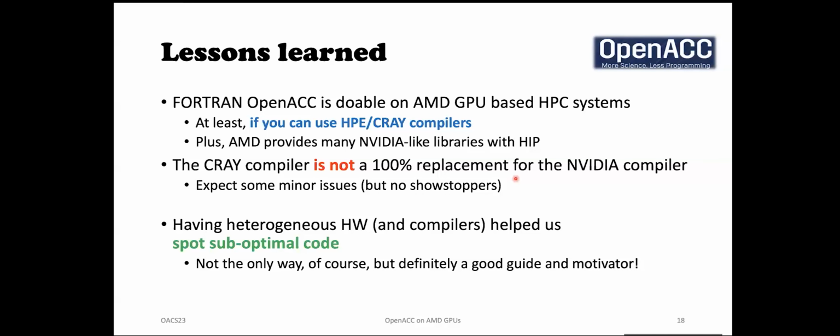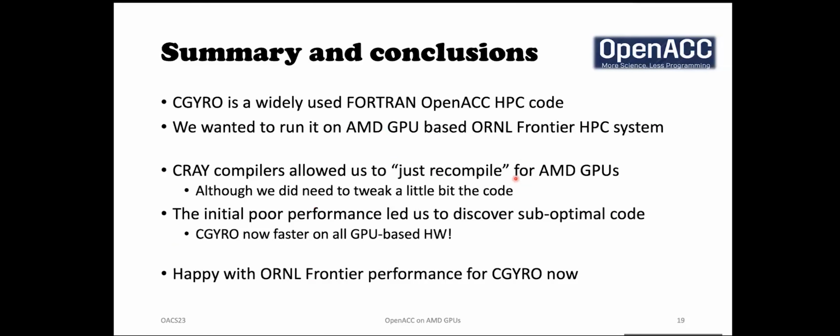And in general, the fact that we now have two completely different hardware platforms with different compilers actually helped us to spot suboptimal code that we didn't know we had. Now, it's definitely not the only way you should try to optimize your code, but this was definitely a good guide and motivator to go and actually fix those parts of the code.